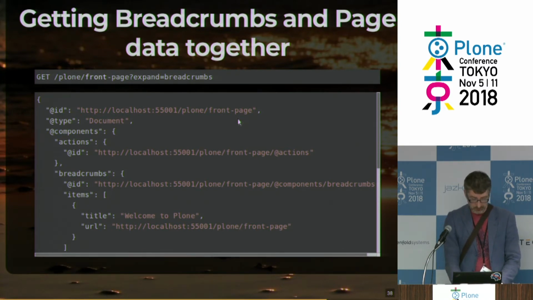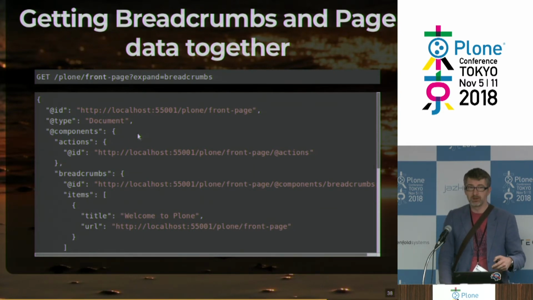And what it does is it will still give me the list of components as before, but for the components I choose to expand, they will actually have the full content. So it's the same as calling the URL, but it's already included in my request for the page or for the news item. This is really handy.